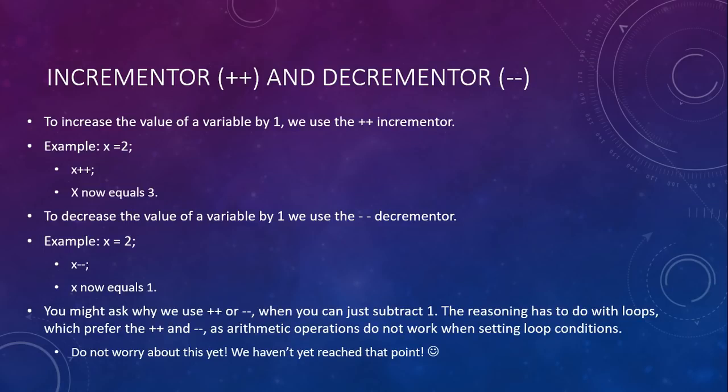Now, at this point, don't really worry about what I'm talking about when I start talking about loops, because we haven't gotten to that point of our programming yet. But it is something for you to keep track of in your mind, the reasoning why this is.